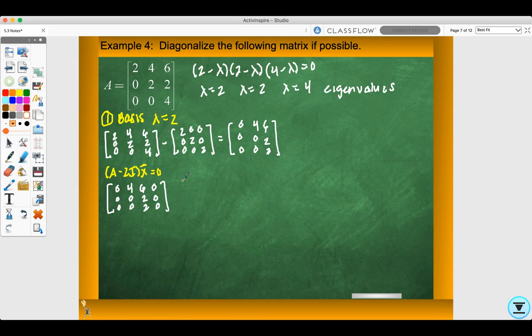When I row reduce this, I can row reduce it to 0, 1, 0, 0 by taking row 1 plus negative 3 row 2 and taking a quarter of it. I can take negative row 3 and add it to row 2 to get 0, 0, 0, 0, and negative row 2, add it to row 3 to get zeros here.